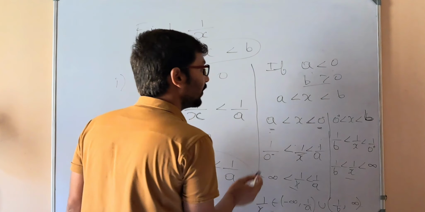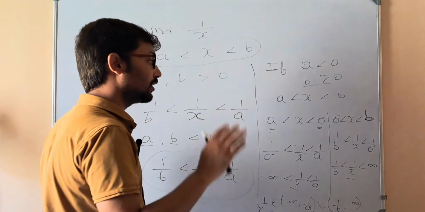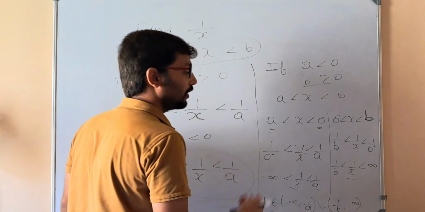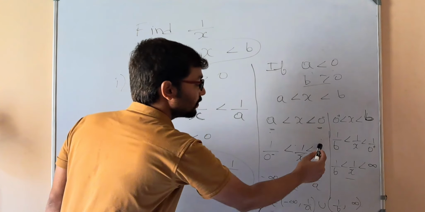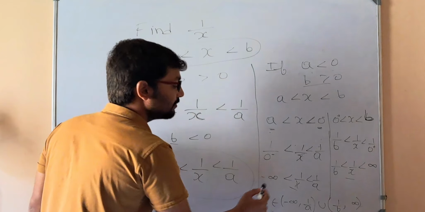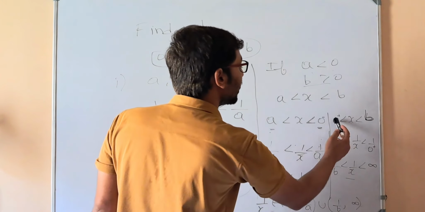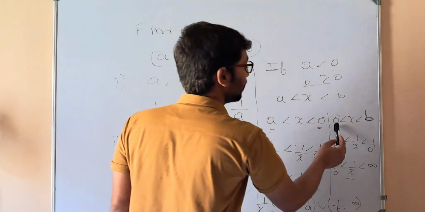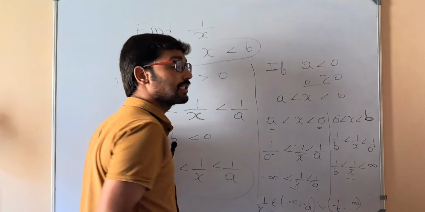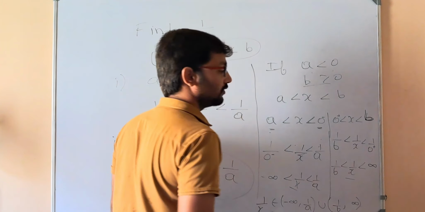Here both are negative. A is already negative, and 0 minus means less than 0. When both are negative, if I take the reciprocal, 1 by x goes from 1 by 0 minus, which is minus infinity, to 1 by a. And here 0 plus to b, all positive values from 0 to b, not including 0, both are positive.